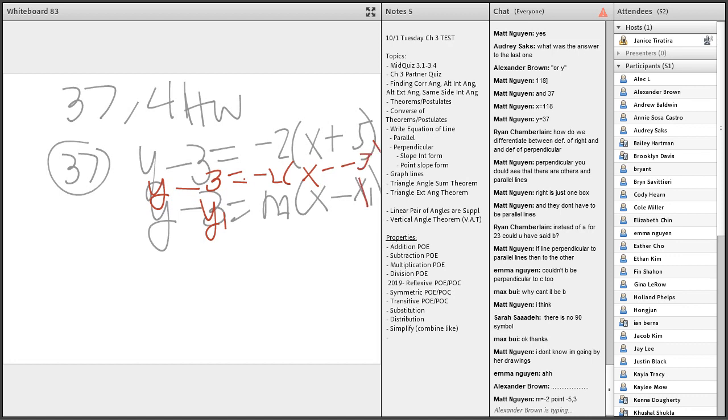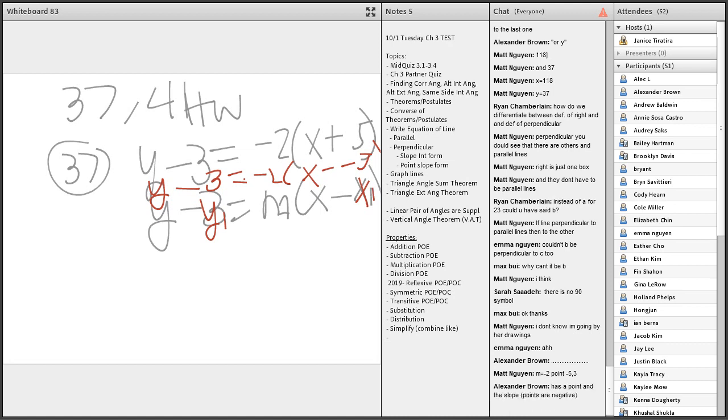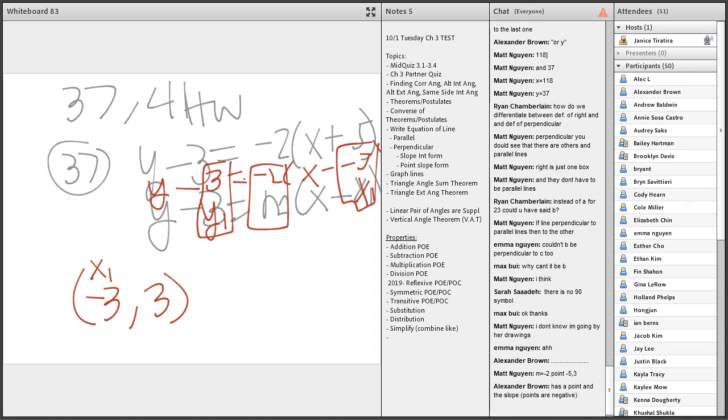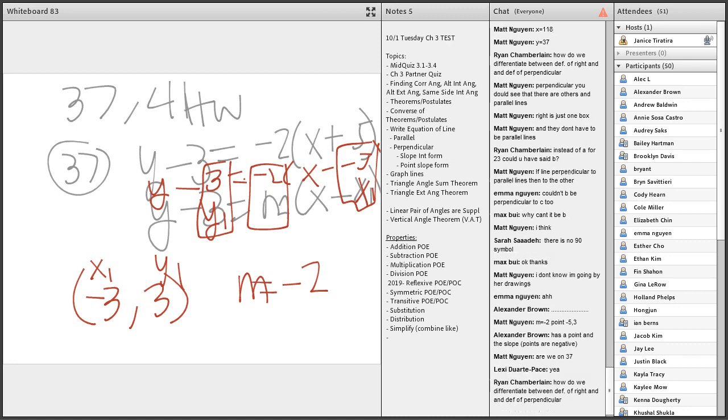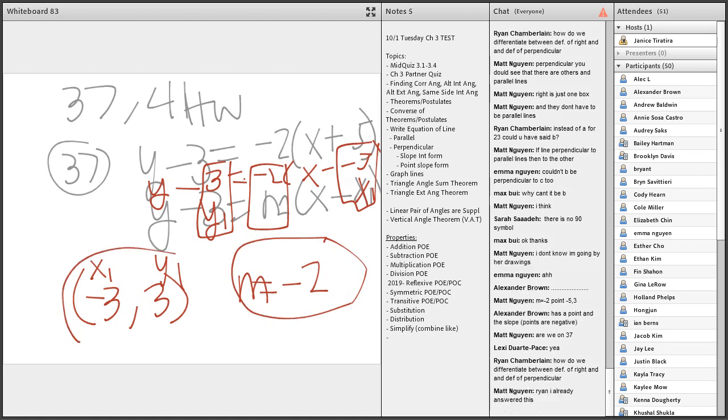So it's easy to extract information. x1 is after the negative sign, so x1 is negative 3. y1 is after the negative sign, so it's positive 3. And your slope is m, in front of the parenthesis. So the slope is negative 2. This is 37 from the homework. It's asking to name the slope: negative 2. And the point: negative 3, 3. Okay. All right.